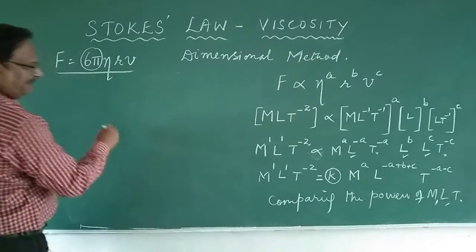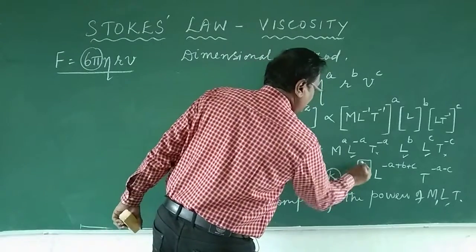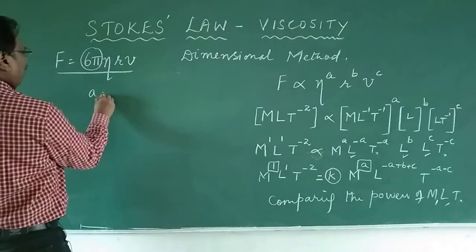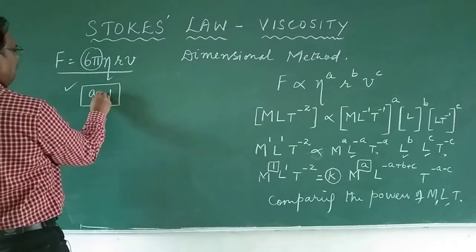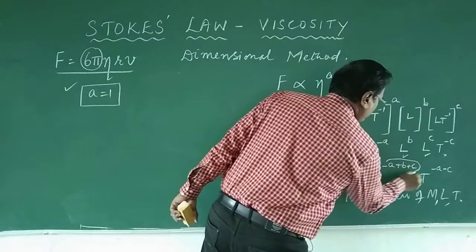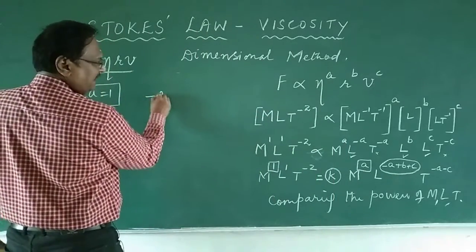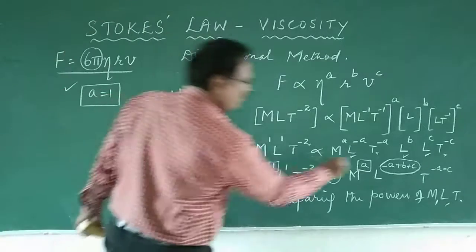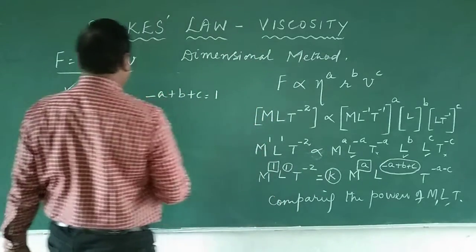Now let me compare. Here a, and here it is 1. A is equal to 1. We already got one answer. Next, the power of L: minus a plus b plus c is equal to 1.